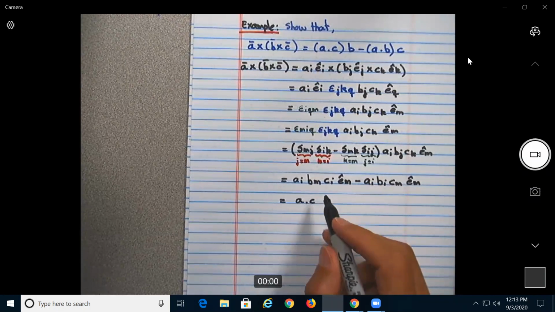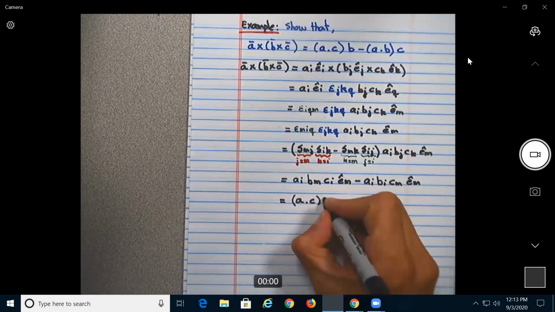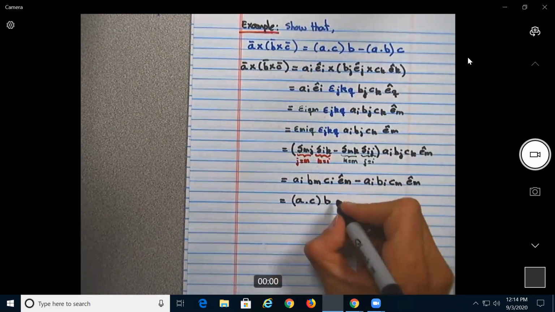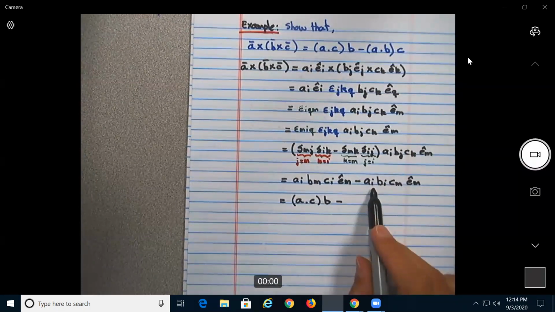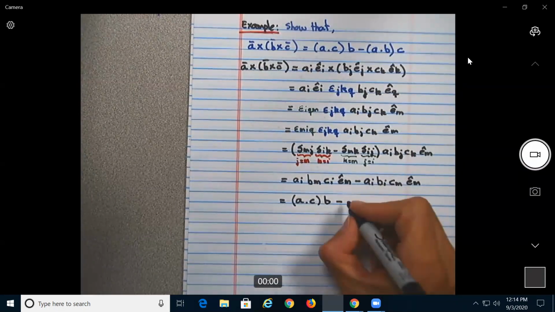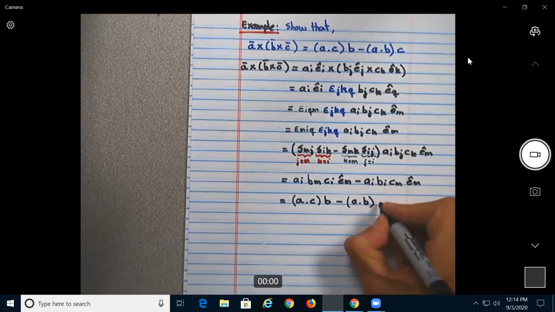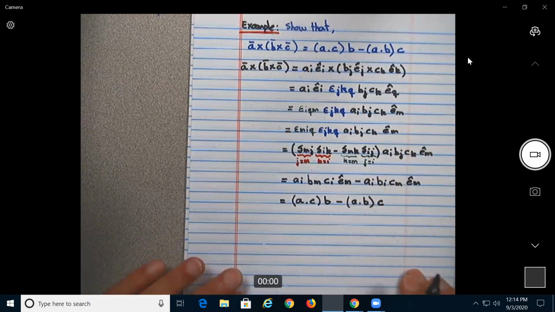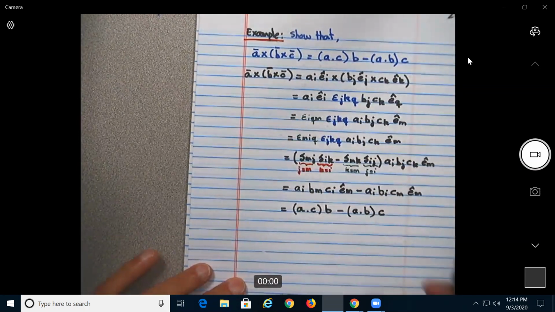Okay, this is the dot product, times B, which is the one with a different index, minus what? Which ones now have the same index? It will be A B. So A dot B times C. Okay? Which is exactly what we need to prove, no?